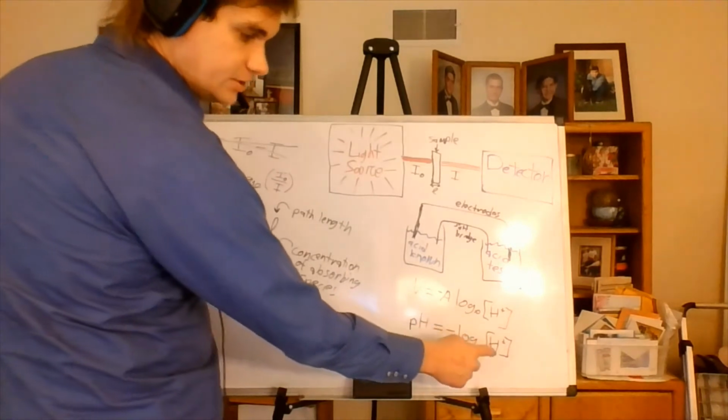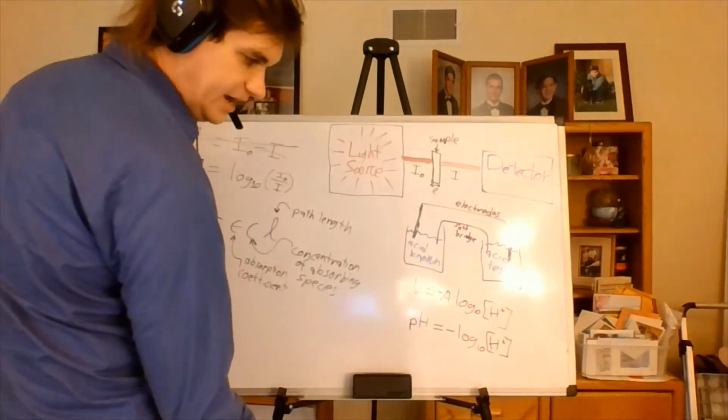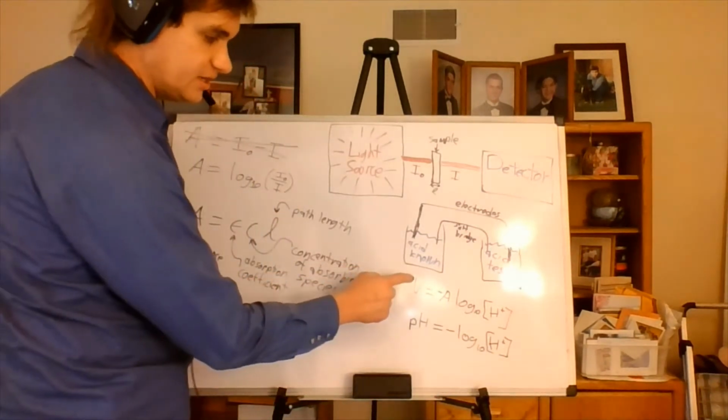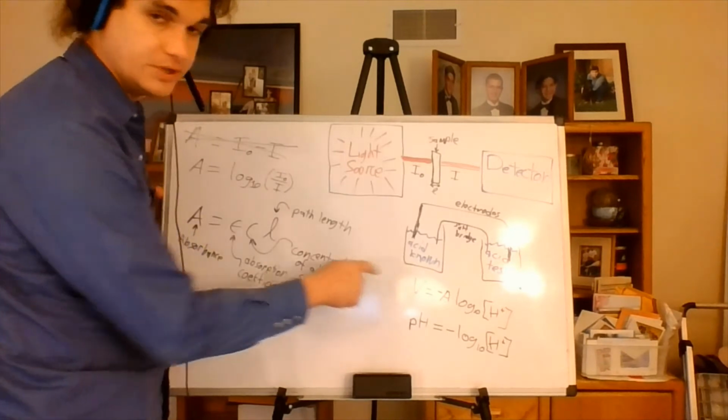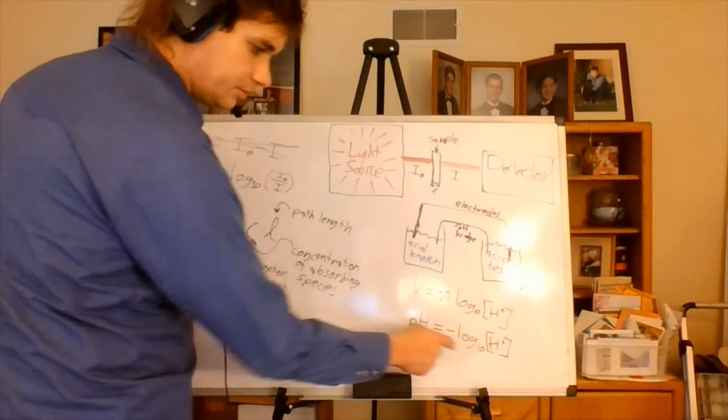Similarly, if you need to go from something that's easy to think about, like the concentration of an acid, to something that's easy to measure, such as a voltage difference between two electrodes, you end up going through a logarithm someplace.